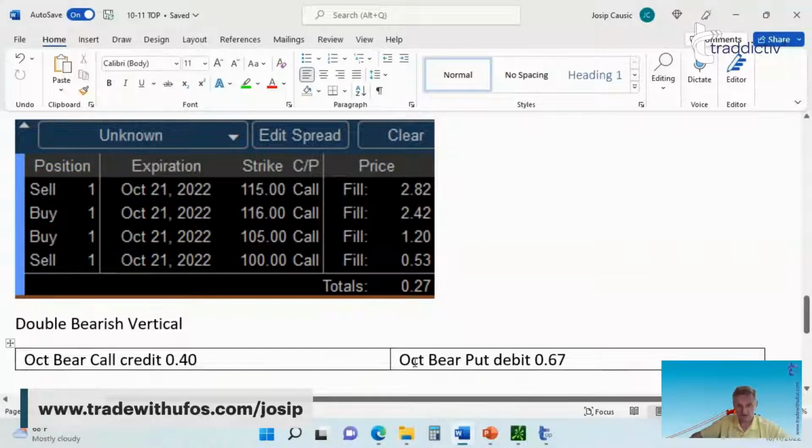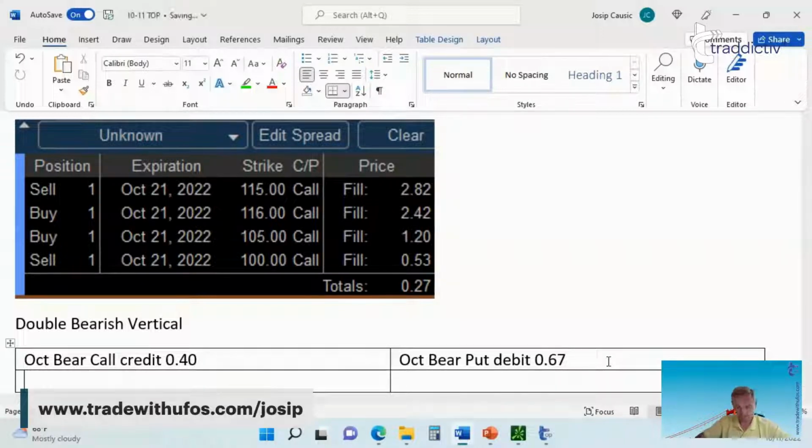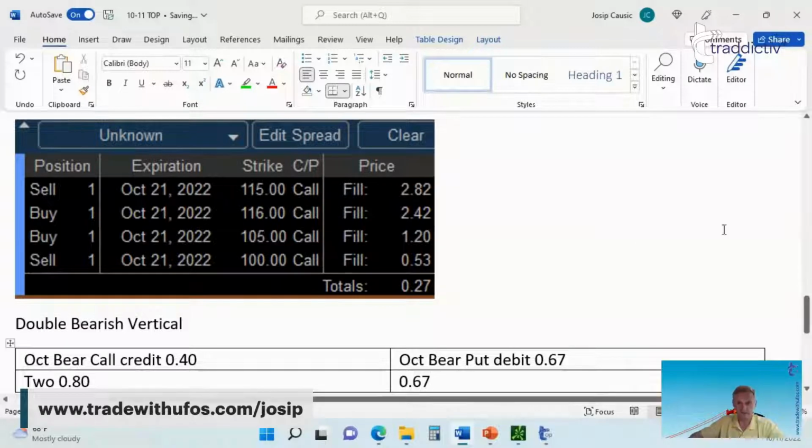So think about it. If I would now do two of these same bear call spreads, I would be bringing in 80 cents, but my outlay of capital would still be 67 cents. So in that case, I would be ahead of the game.